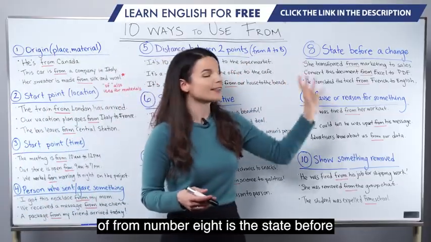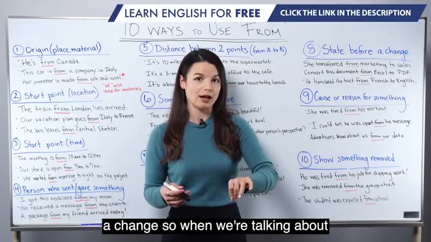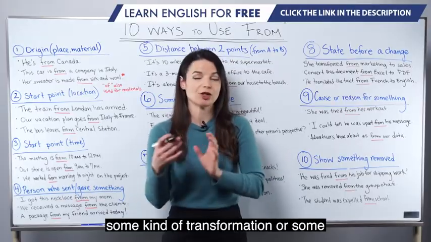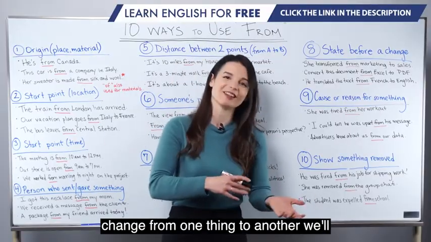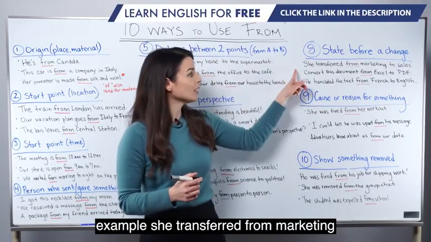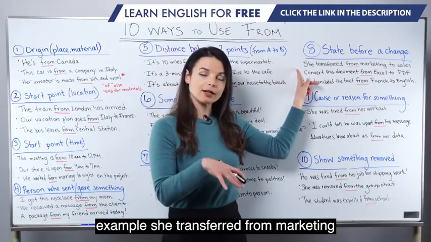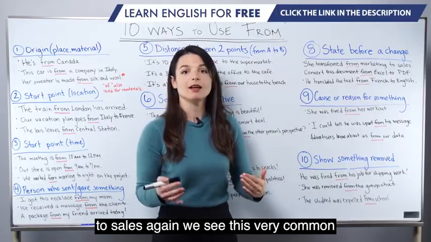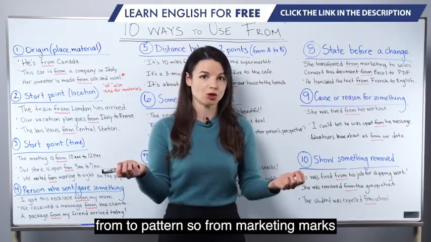Number 8 is the state before a change. So when we're talking about some kind of transformation or some change from one thing to another, we'll use from a lot of the time. So first example, she transferred from marketing to sales. Again, we see this very common from-to pattern.